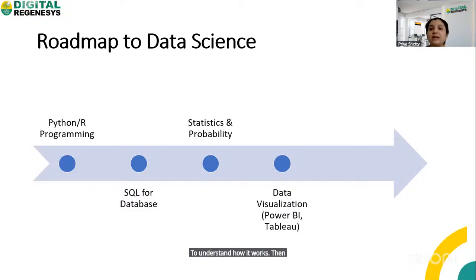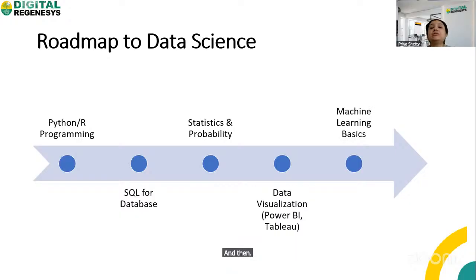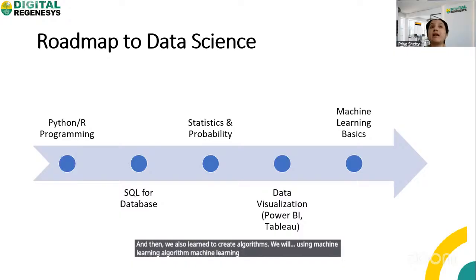Then comes data visualization, where you will learn the process of graphically visualizing your data. For that, we use Python, Power BI, and Tableau. Then we also learn to create algorithms. Using machine learning, we will try to teach the machine to learn.